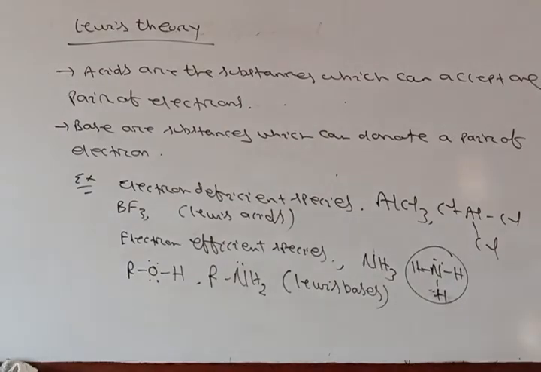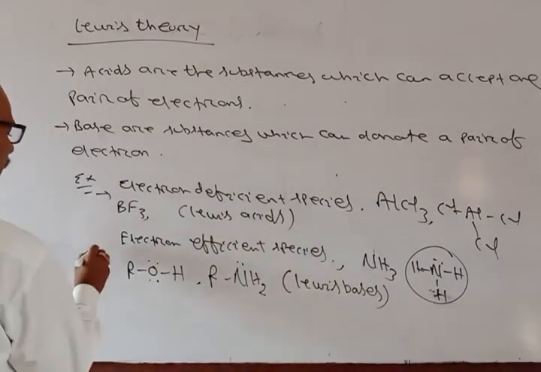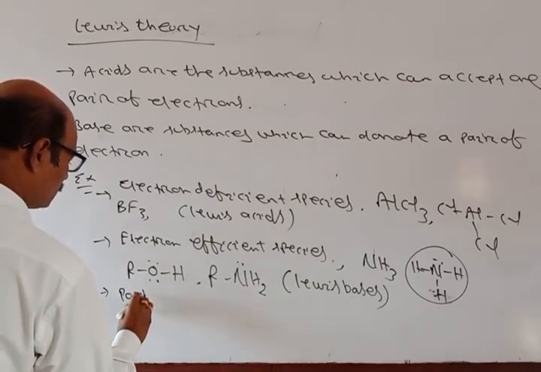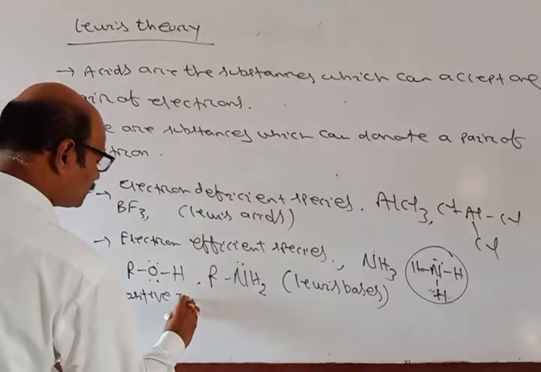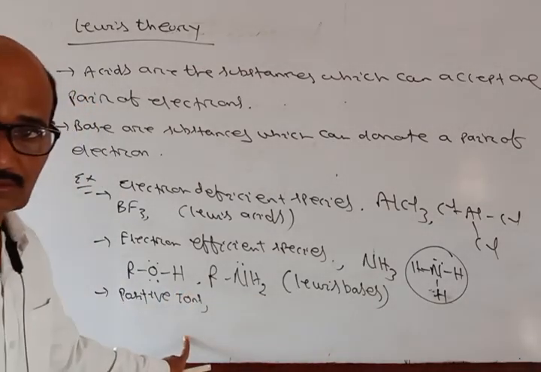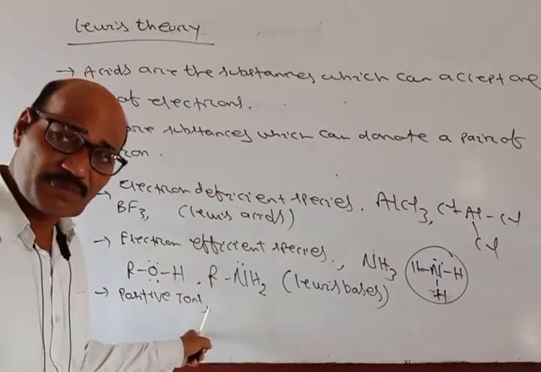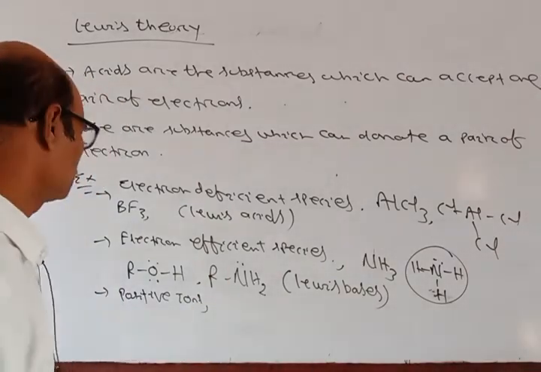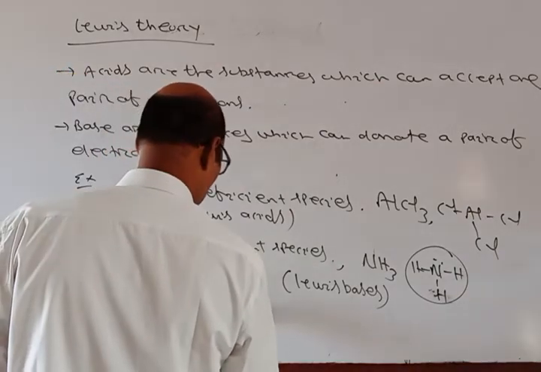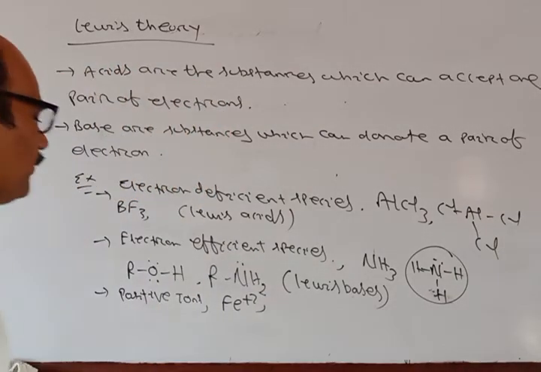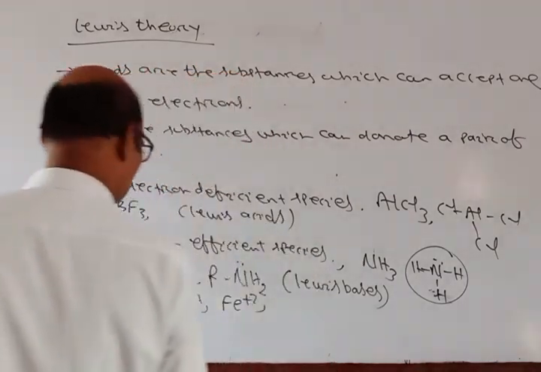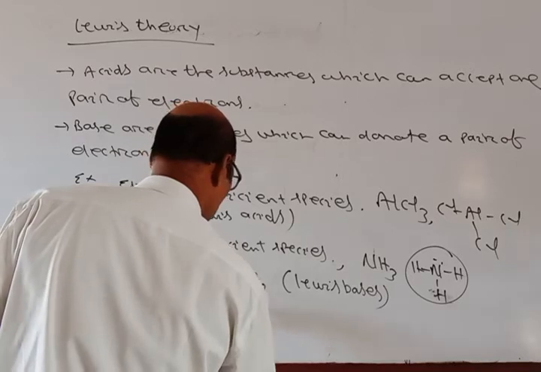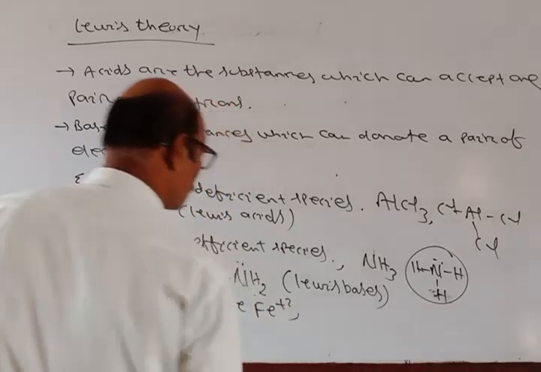Similarly, positive ions, that means electron deficient, they can accept an electron pair. So Lewis acids are positive ions like Fe2+.